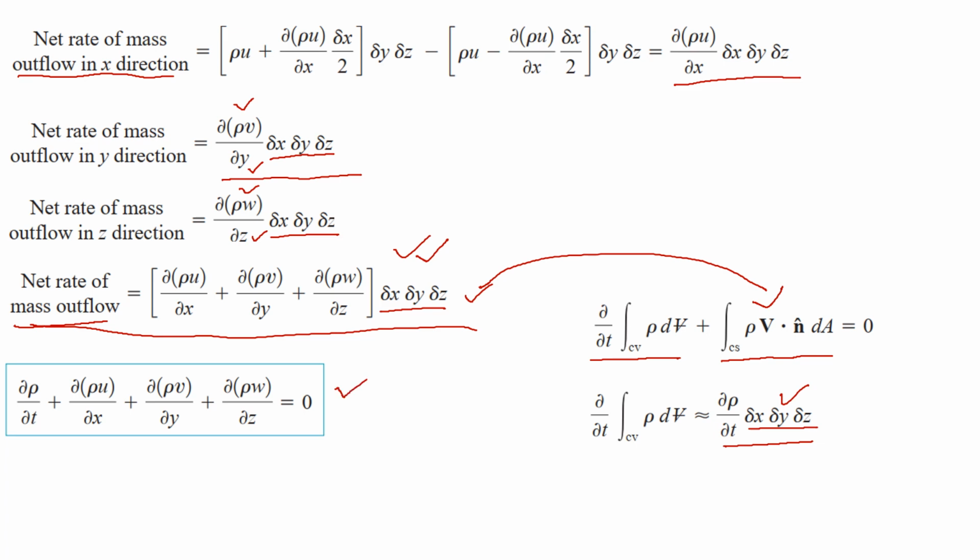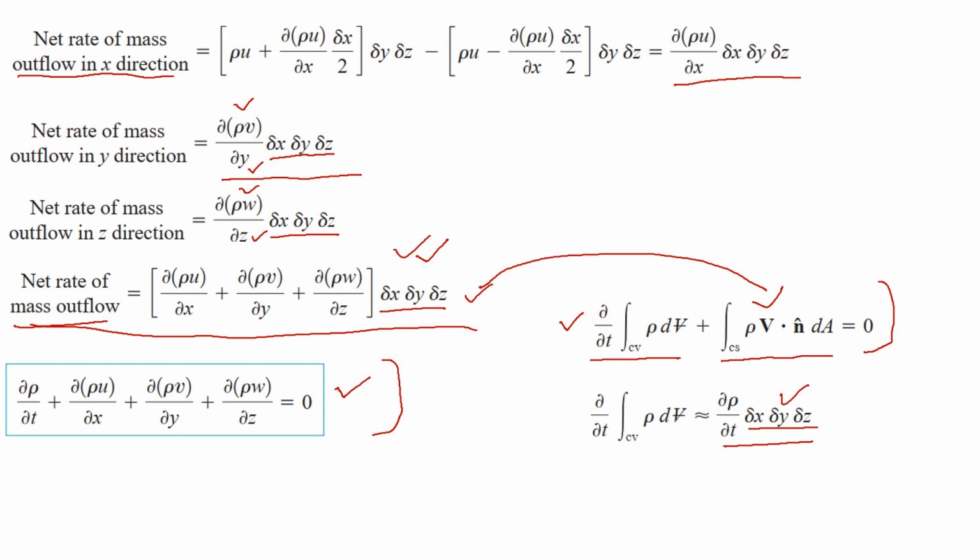So this is the differential form of the continuity equation. This was the integral form of the continuity equation. The integral form can be applied to large control volumes, and the differential form can be applied to infinitesimally small control volumes, and that's why it is represented in differential form.